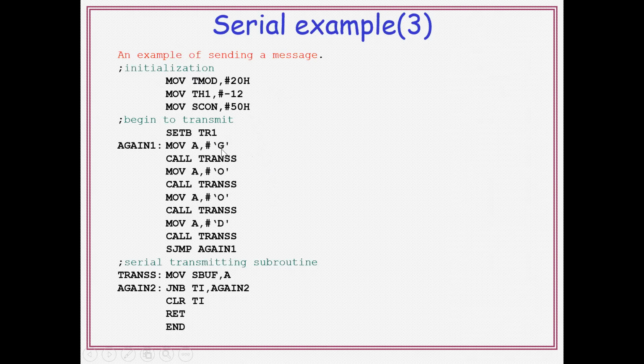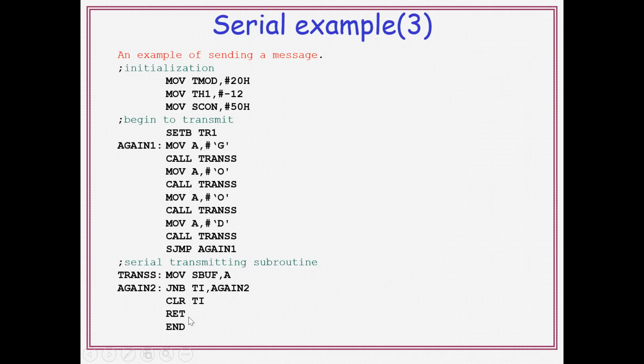And next, the first character G is transferred into the accumulator, and then call TRANS. So here, on call to transfer, the first character available in the accumulator, G, is copied into SBUF. The serial buffer converts parallel data into serial data, adds the start bit and stop bit, and then transmits. So wait till the transmission is completed.